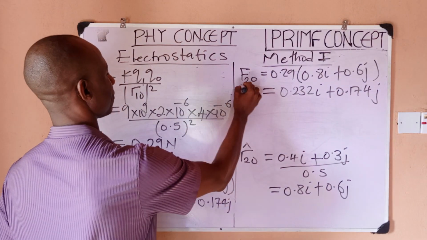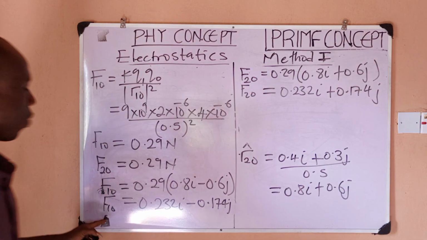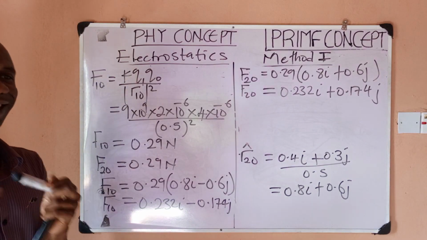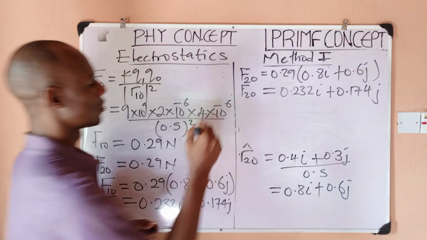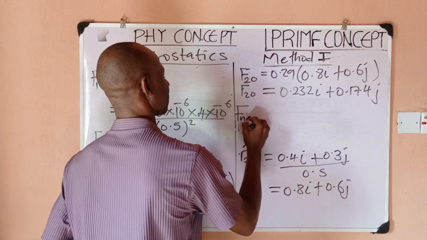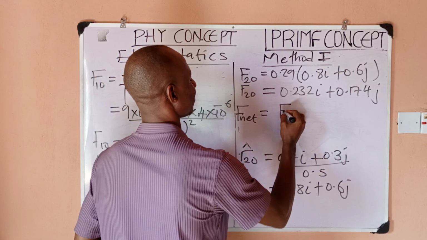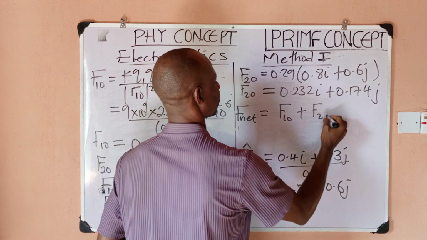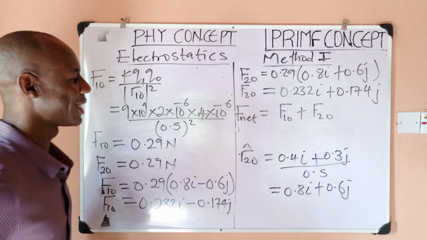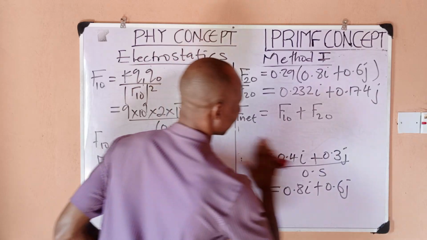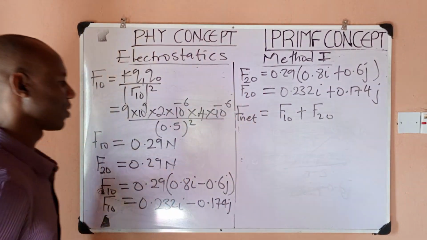So this is what I would have as my F10 and my F20. The next thing I want to do is to find the net force. The net force is going to be F10 plus F20. So that is going to be our net force, right? Just a direct addition for both of them.